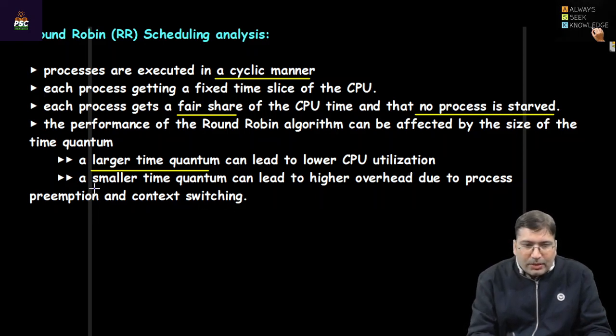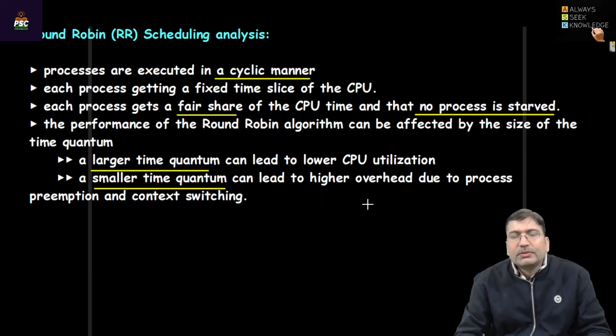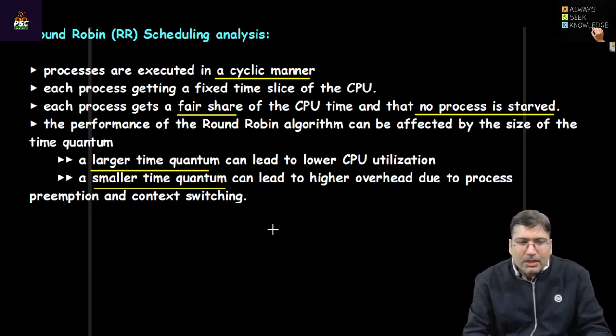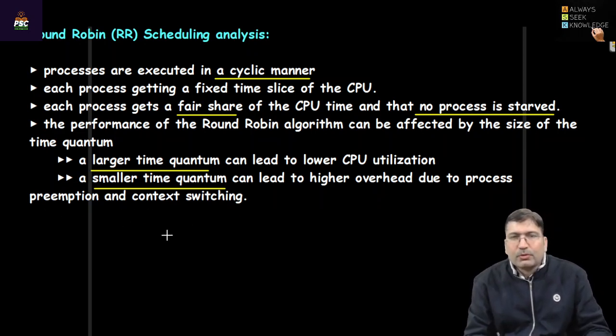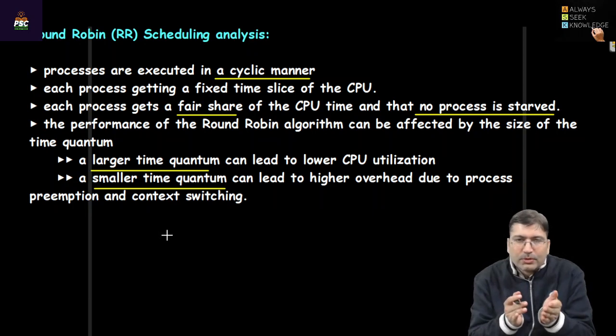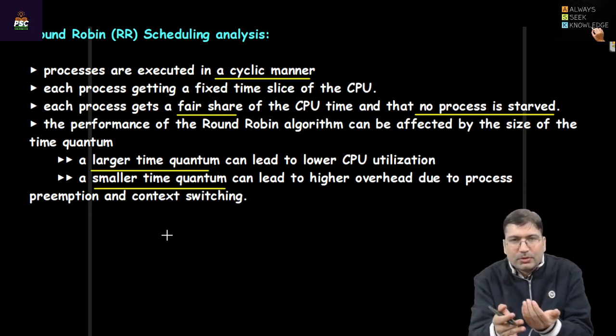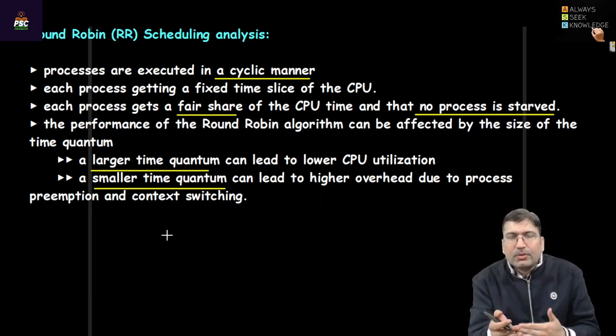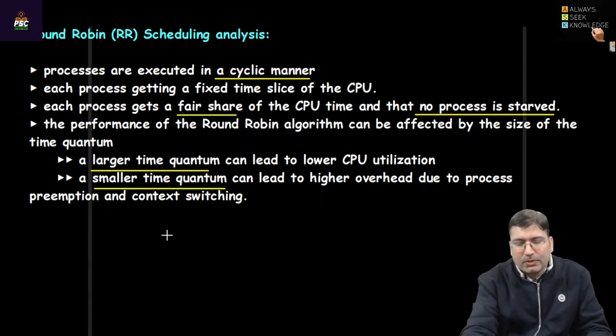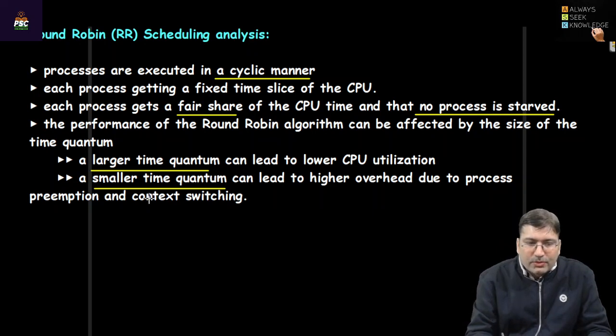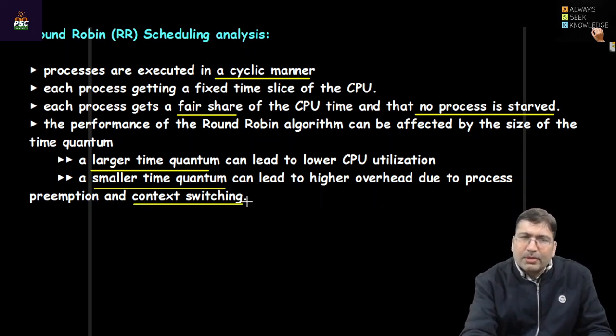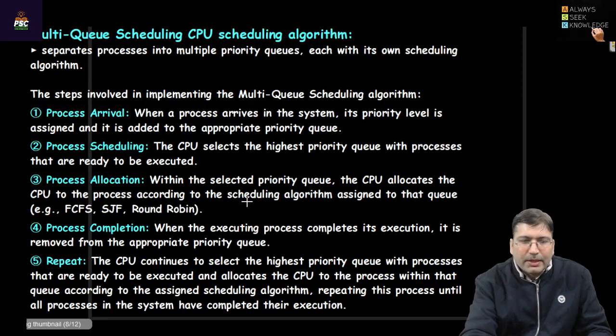If the time quantum is very small, then it may lead to high overhead of context switching or process preemption, because after each time quantum we need to switch CPU control to another process, the previous one needs to be preempted, then the context switching and so on. So unnecessarily time is wasted in context switching, right? So this is the drawback also. When we solve problems on this, you will get to know that.